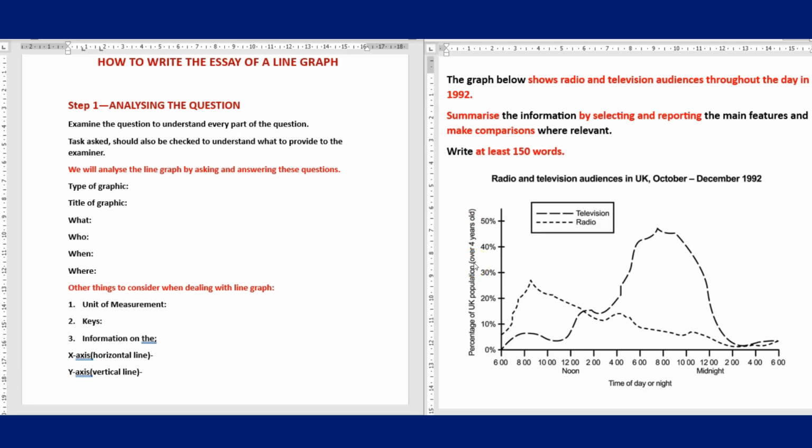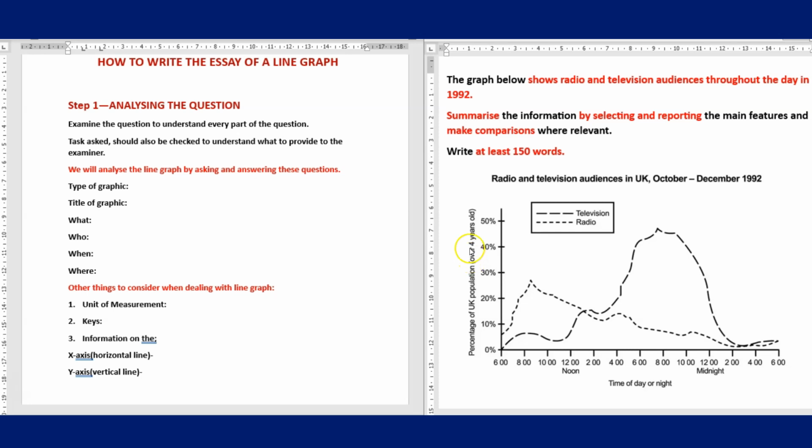We just counted from 5 years, right? From over 4 years. So not 4 years and above, but over 4 years. So anyone that is over 4 years was counted. So the population is for those that are over 4 years.